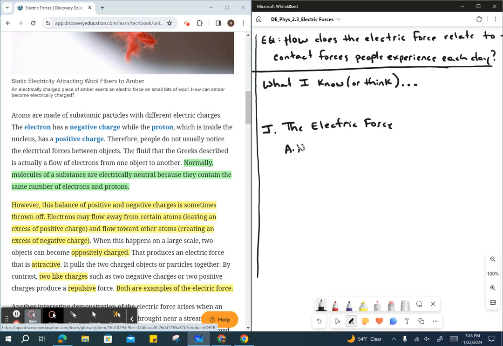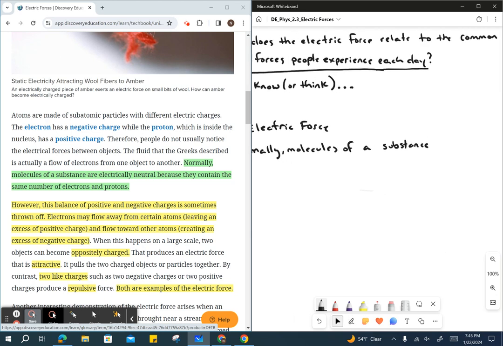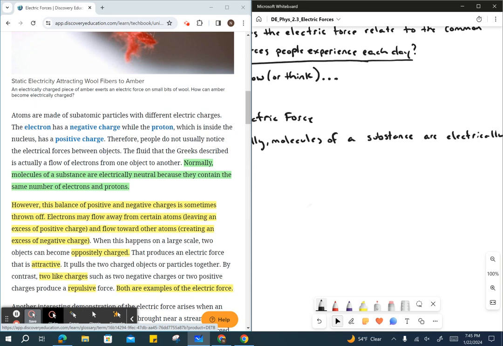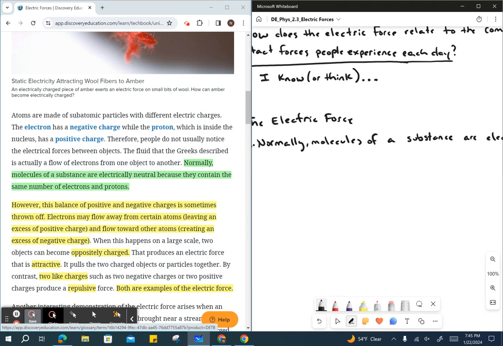Normally, molecules of a substance are electrically, and notice how they use that word electrically neutral.